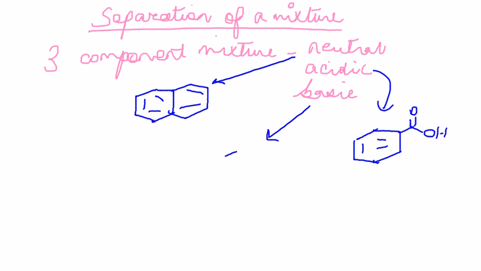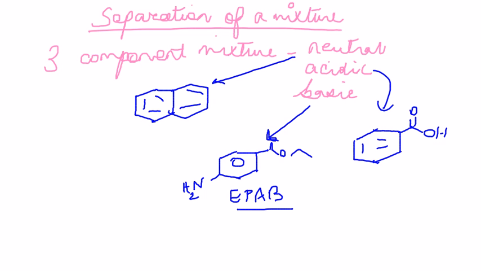And the basic compound is para-amino ethyl benzoate. So I'm going to say, or ethyl para-amino benzoate. So EPAB is how I'm going to refer to it for the entire discussion. This is naphthalene, and I have benzoic acid.